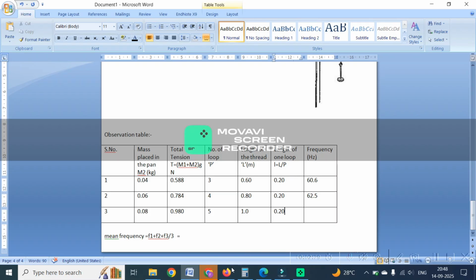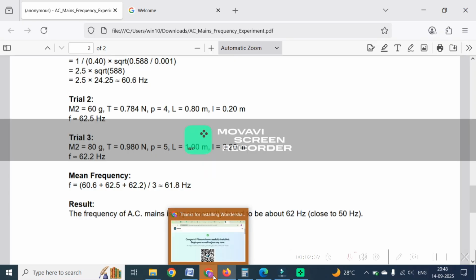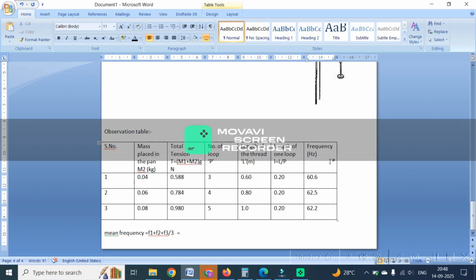Okay, let's move to the frequency for the third trial. For the third trial, the frequency is 62.2. You have to write 62.2 there. Now the mean of all the frequencies f1, f2, f3 is f1 plus f2 plus f3 divided by 3, because we did 3 trials.